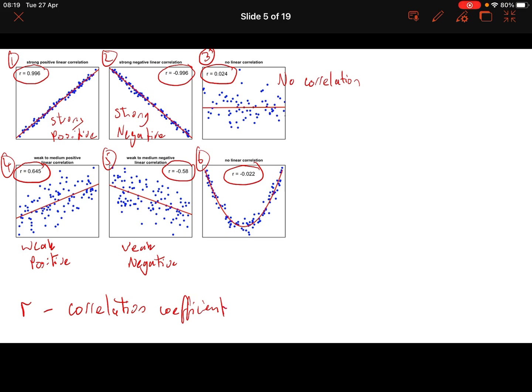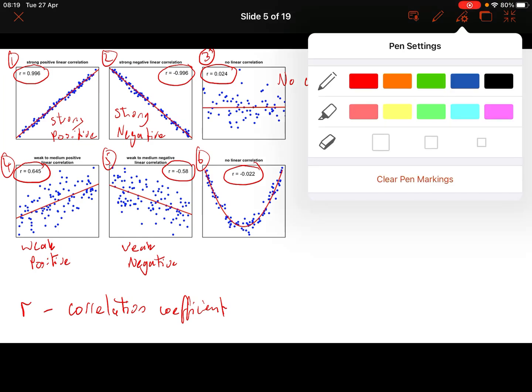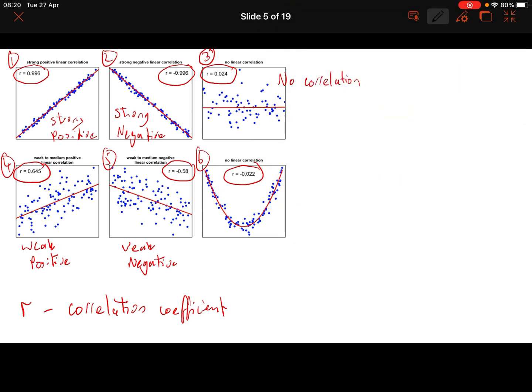And by the way, you calculate that on your calculator, and I will show you again in the video where I use a calculator how to do that. But what it shows you is both the type and strength of the correlation. So what do I mean by that? Let's just have a look.